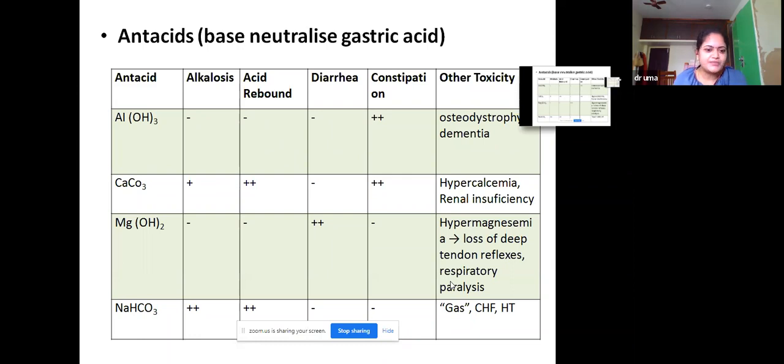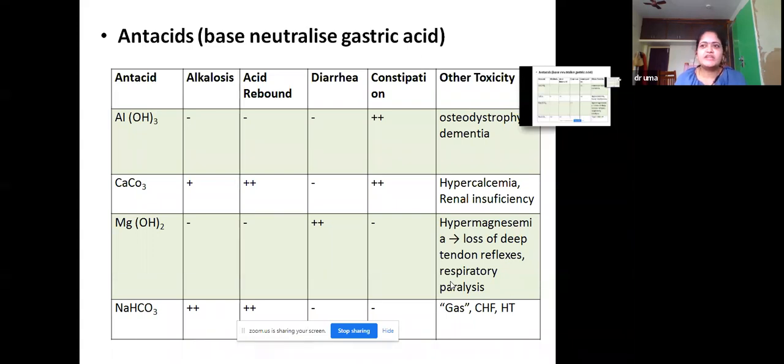Among these, calcium carbonate and sodium bicarbonate are short acting, so they are more prone to cause alkalosis, and acid rebound is common with these drugs. Aluminum causes constipation. Magnesium causes diarrhea. For aluminum, the main adverse effects are osteodystrophy and dementia.